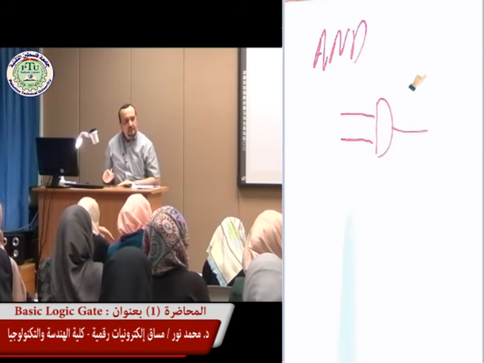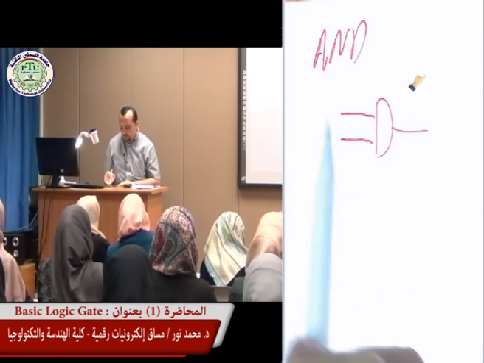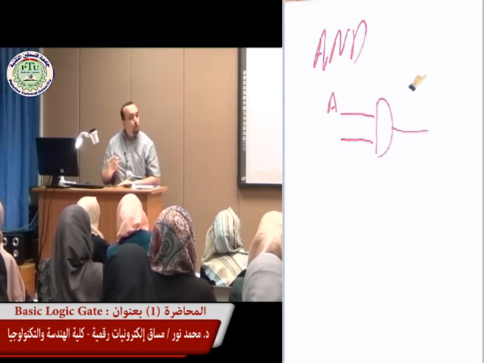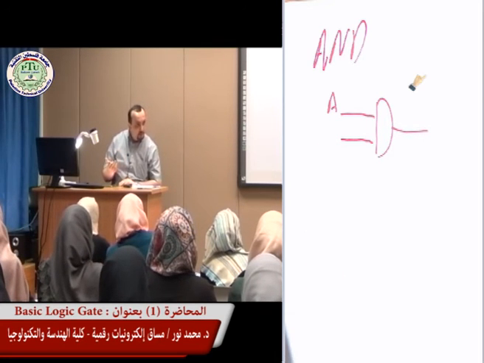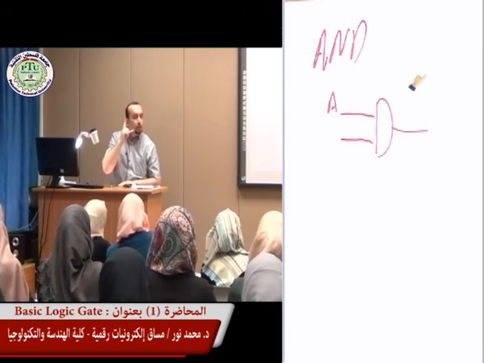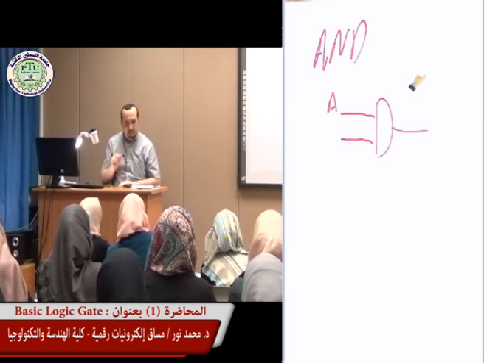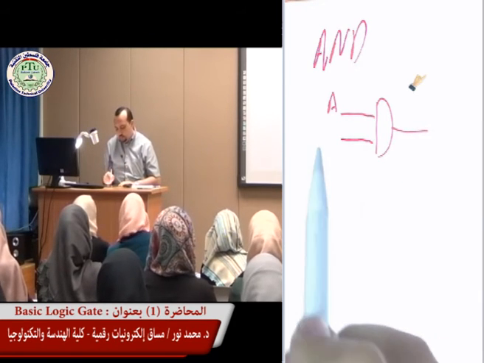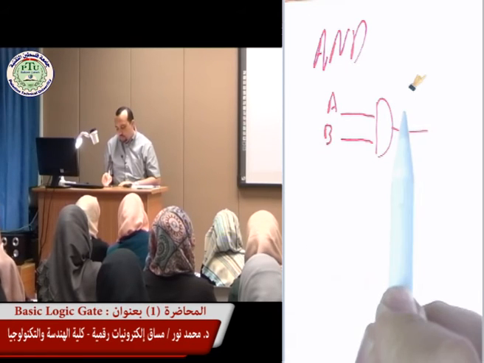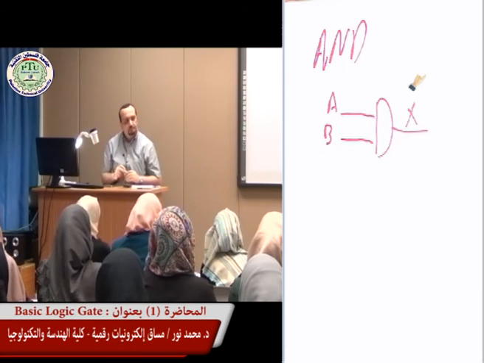Okay, so basically we have one input, let's say, or two inputs or more than, right? But the output is got to be one. Okay, the output. So we have A, B, and we have here X, let's say.